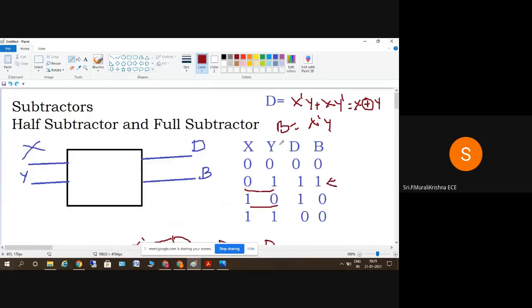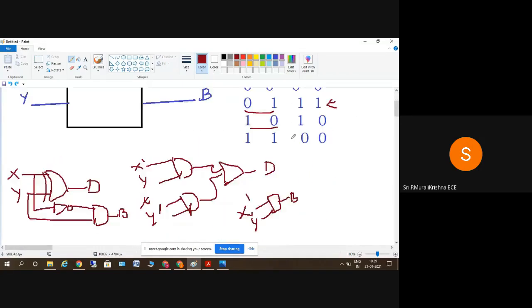Okay, and this is the truth table, these are the equations, and these are the logic diagrams for the half subtractor. Next, we'll go for the full subtractor.